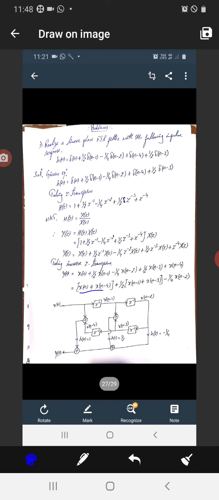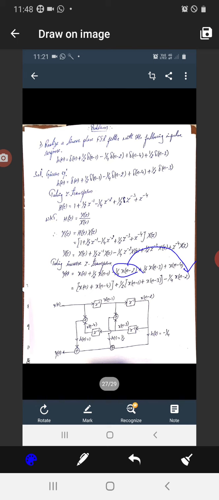For that reason we have taken them together. Next, x of n minus 2 is having 1 by 2 x of n minus 1, and here 1 by 2 x of n minus 3. For that reason, from this I have taken 1 by 2 times x of n minus 1 plus x of n minus 3, with 1 by 2 taken as common. Next, the remaining part is only this part, so write it as it is here.